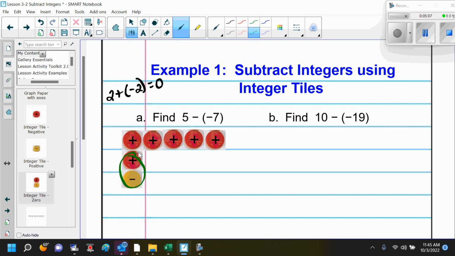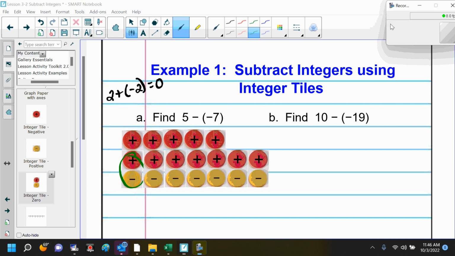Is everybody with me? So if I add 7 of those, now I have 7 negatives, right? And they're paired up with 7 positives. So in actuality, didn't I add 0 and 0 and 0 and 0 and 0 and 0 and 0?